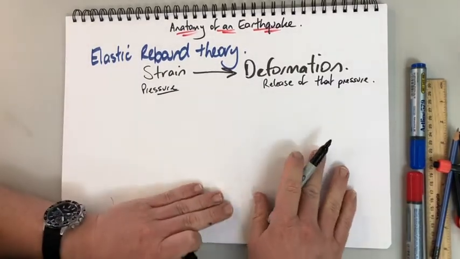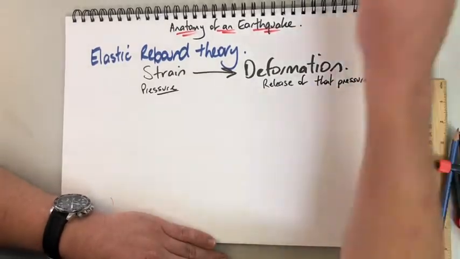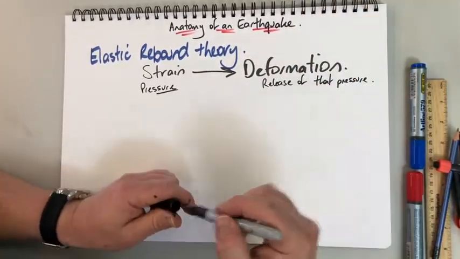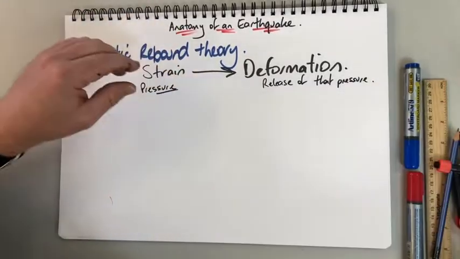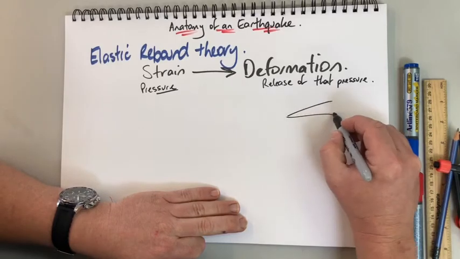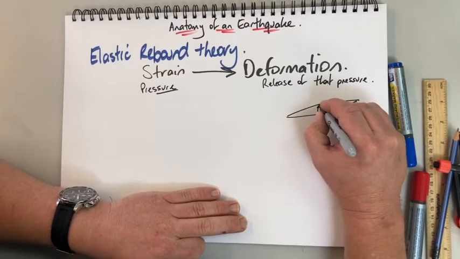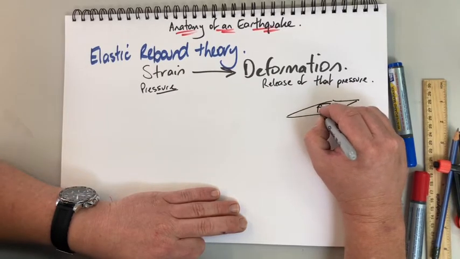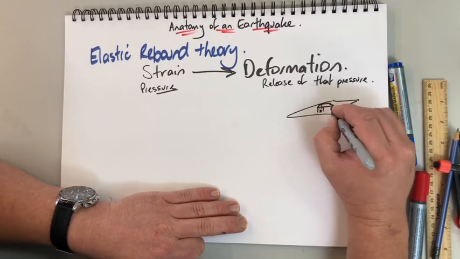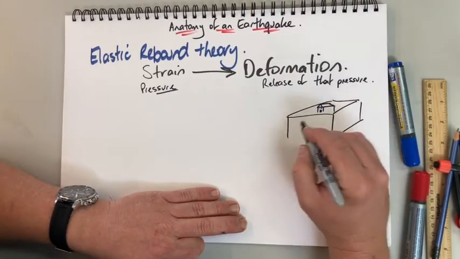All right. Let's now also look at what happens within the area. So I'll draw a little picture here. It's not very good. But here on the top we have a house, and below the house, we've got the earth.